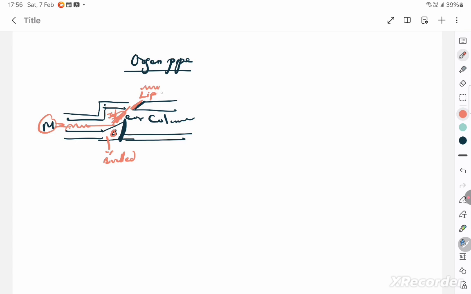There is a particular frequency of vibration. There will also be some air column travelling through the pipe, with its own frequency of vibration. When this frequency and that frequency are equal, a large sound is produced. The small frequency with which the lip vibrates is called an edge tone.